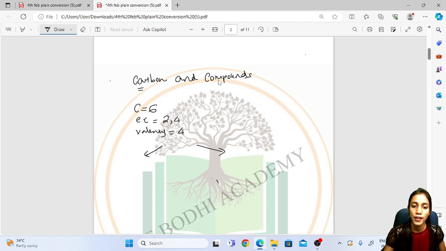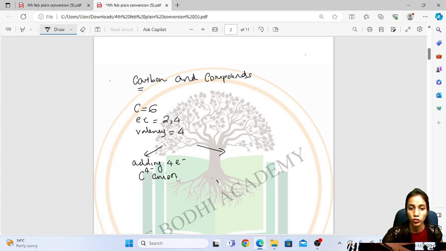In the first case, if you are adding 4 electrons, then the carbon becomes a C4 minus anion. It becomes a negatively charged atom because you are adding 4 electrons.